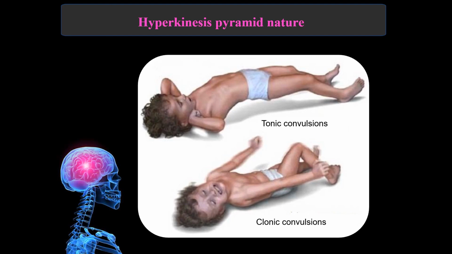Tonic convulsions are characterized by prolonged involuntary muscle contractions, for example, prolonged muscle contraction during tetany. And in clonic convulsions, contractions and relaxation of individual muscle groups quickly replace each other. An example is the clonic convulsions of the jaw muscles.